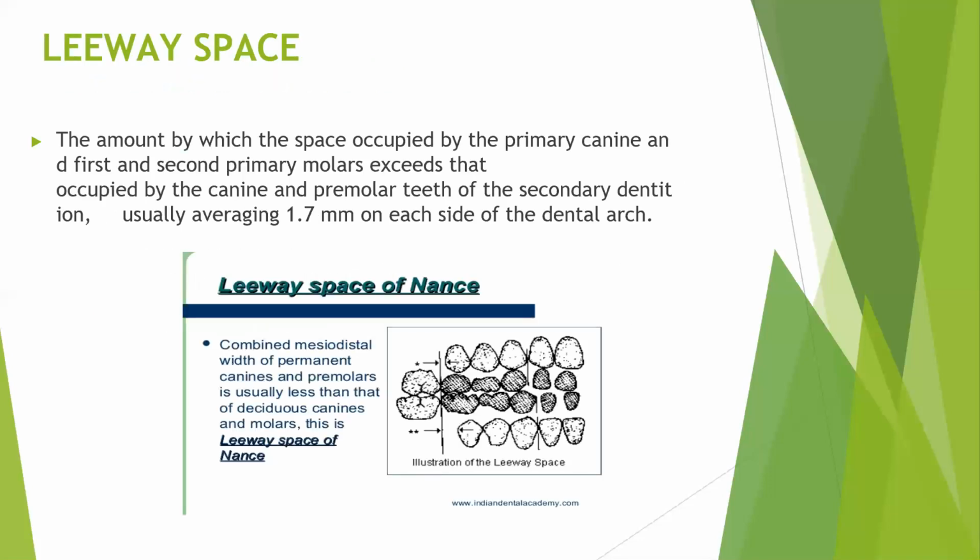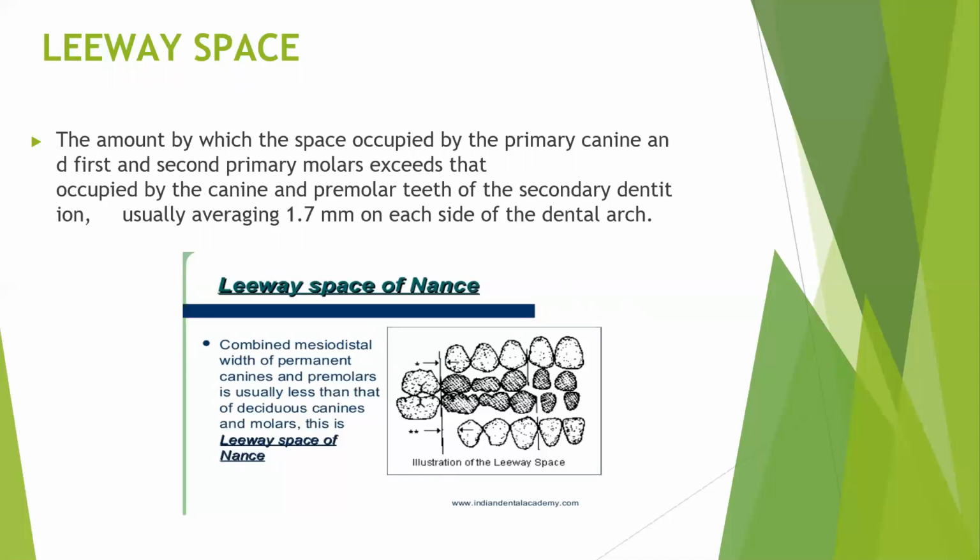Leeway space is the amount of space occupied by the primary canines and first and second primary molars that exceeds the space occupied by the canine and premolars of the permanent dentition. It usually averages about 1.7 millimeters on each side of the dental arch.